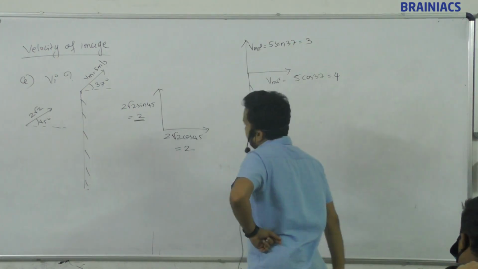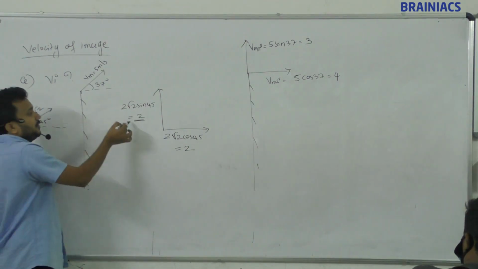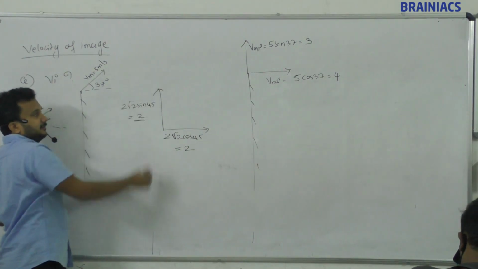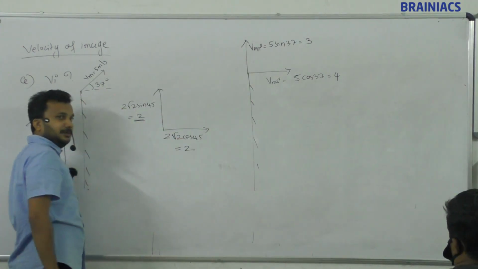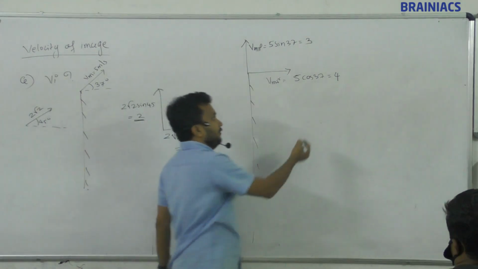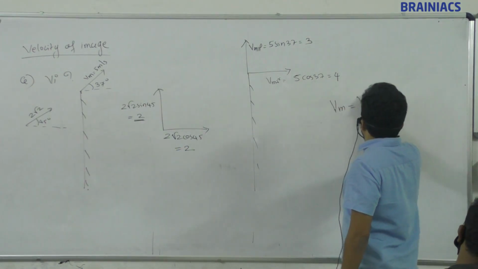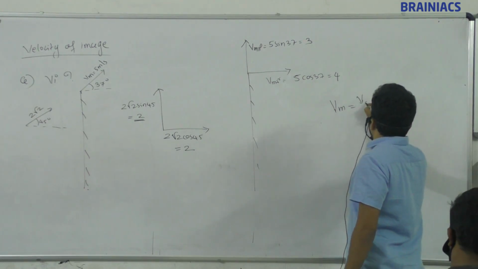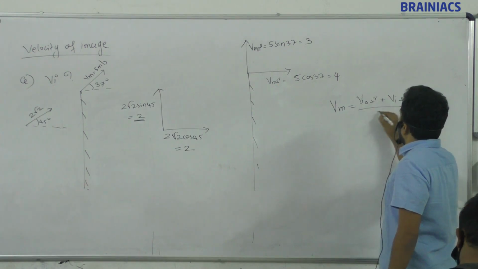Any object has to be found out. Okay, so here see, object is moving parallel, mirror is also moving parallel, so definitely image will also move parallel. So now we have one formula, right? Velocity of mirror equals velocity of object perpendicular plus velocity of image perpendicular, divided by 2.